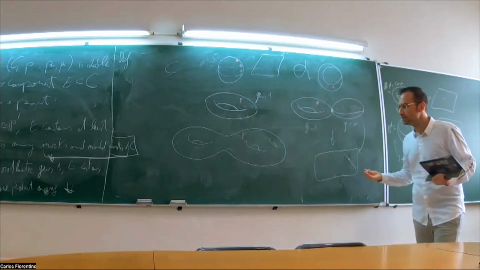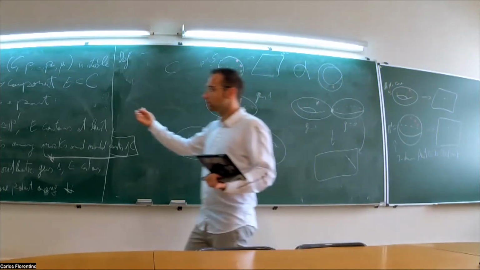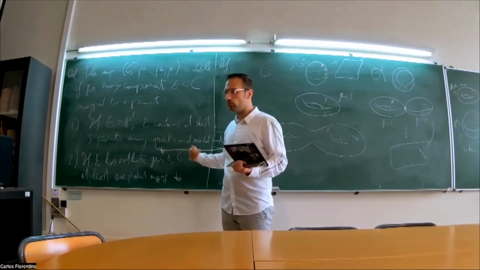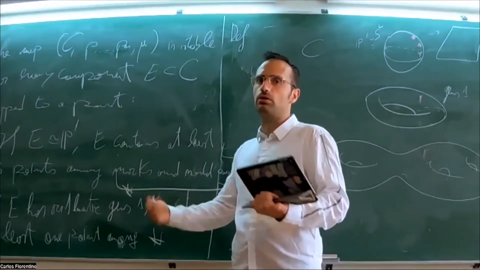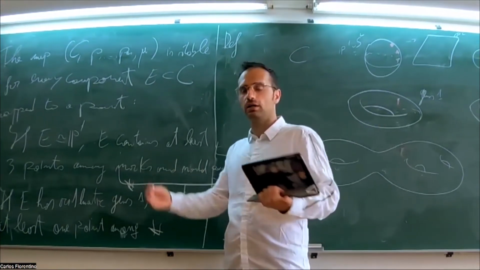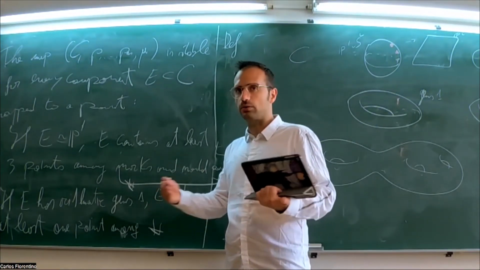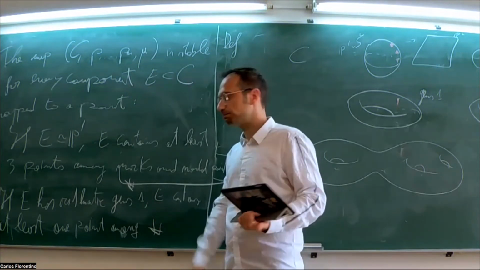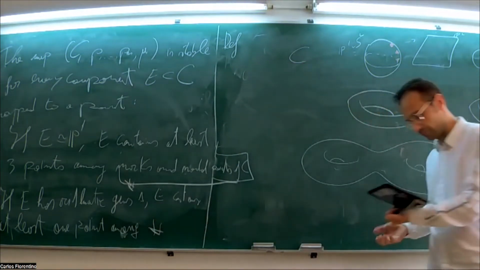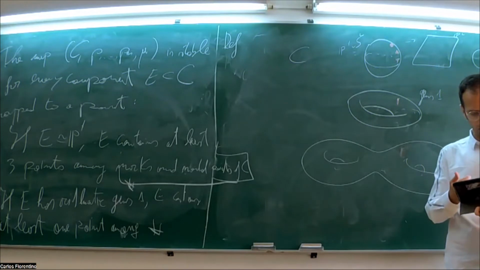So this is the reason for this definition. These are just the conditions we need to have a finite automorphism group of our quasi-stable maps. Okay, are there no other questions?